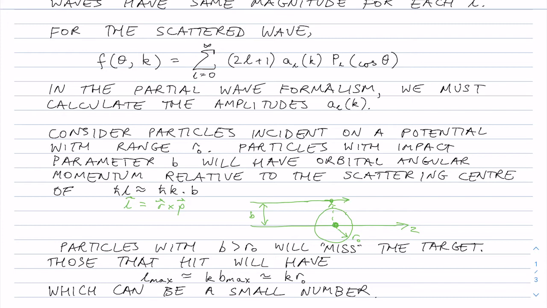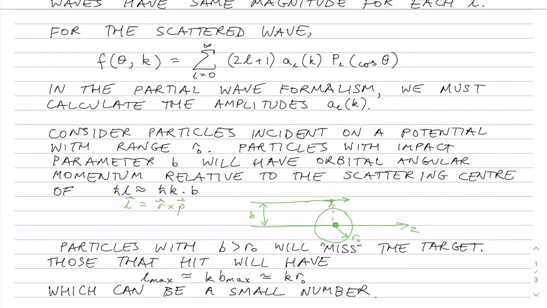You've got particles which will miss, and then particles which are closer. If this b is large, then the angular momentum is larger, but those are the particles that miss. And so there's some maximum L, which is given by this kb parameter. And if that's of the order of k r naught, then you're at the maximum angular momentum for this problem.